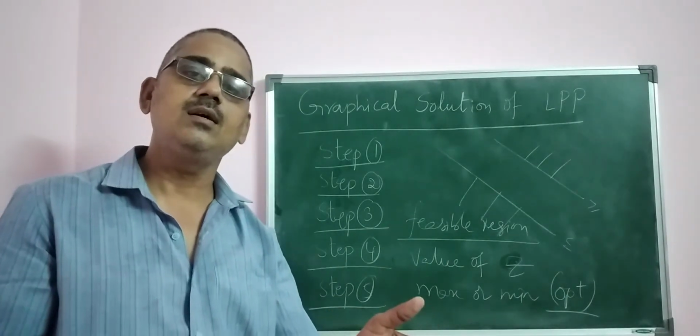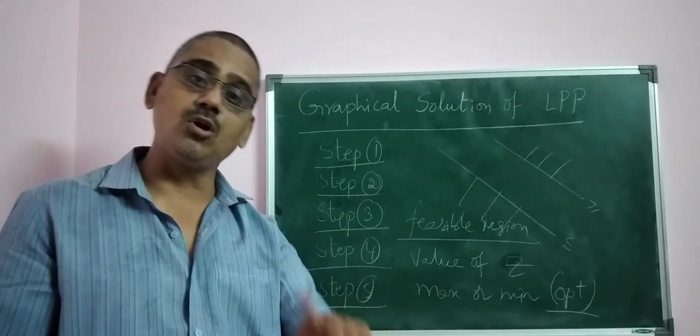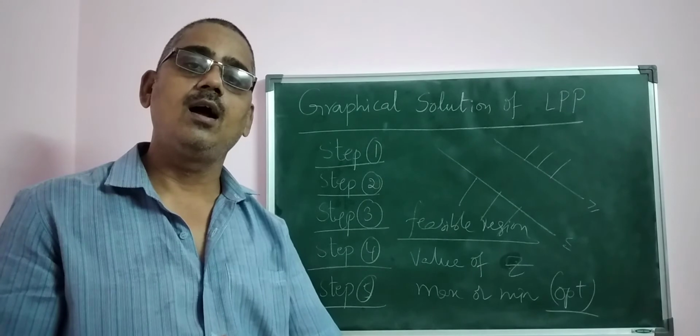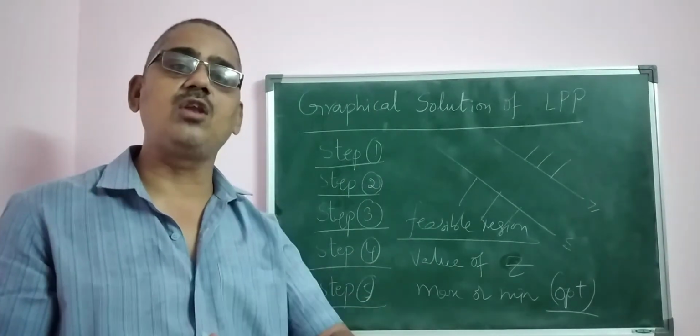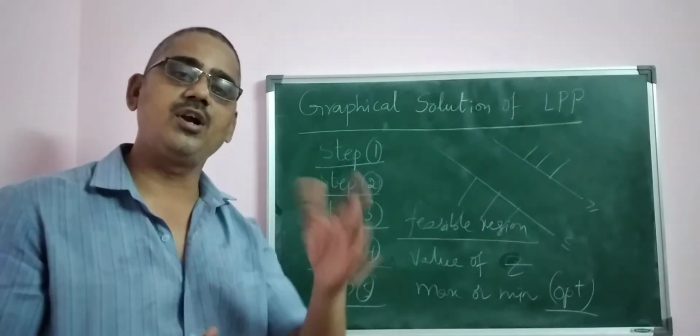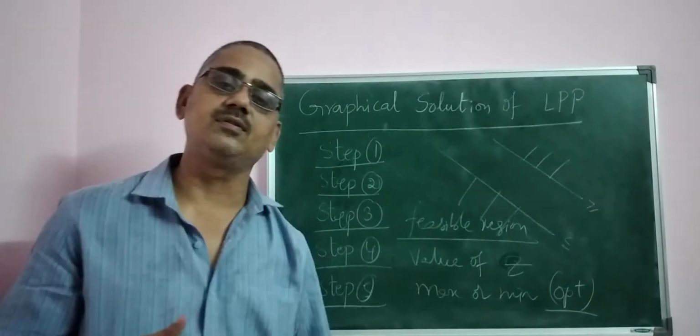Optimality is attained at a particular point, and the optimum value is attained at the respective values of x1 and x2. That is called the feasible solution, so it is the optimum basic feasible solution.